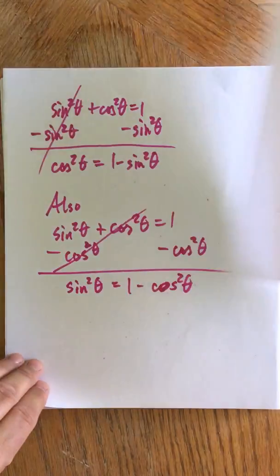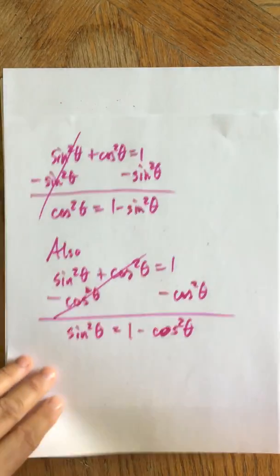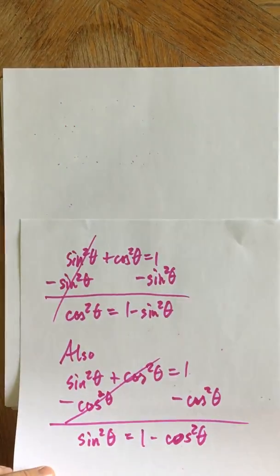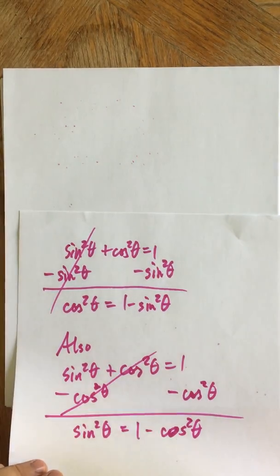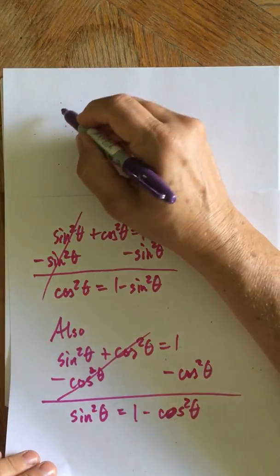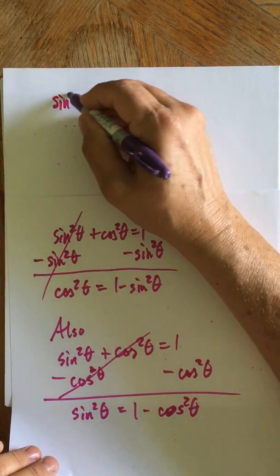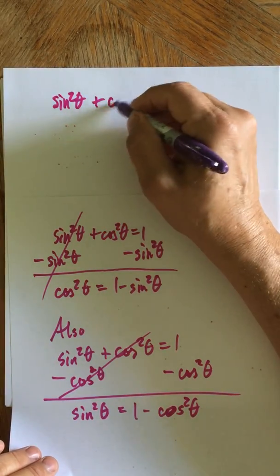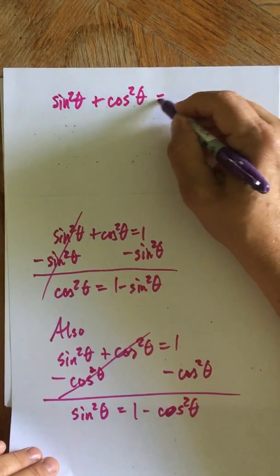Let me extend this a little further. I'm going to show you identities that a lot of people like to include in the toolbox, but there's really no need to, because it's just a rearrangement of a different form of this fundamental identity.